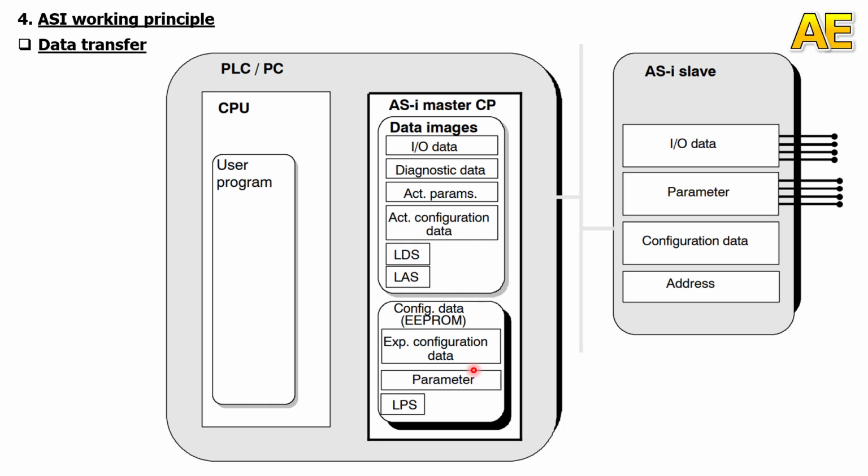These data are stored in the EEPROM, which is available unchanged even after a power failure. First is expected configuration data. These are selectable comparison values which allow the configuration data of the detected ASI slave to be checked.